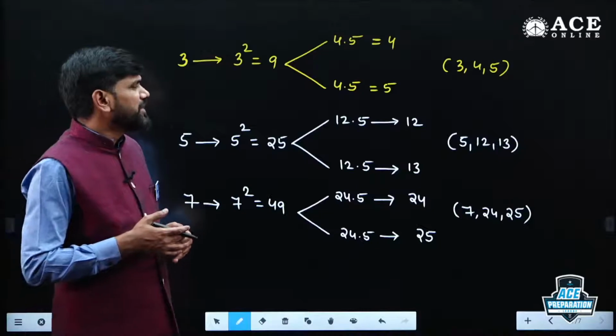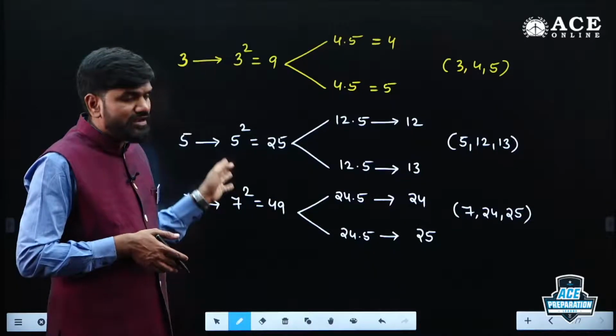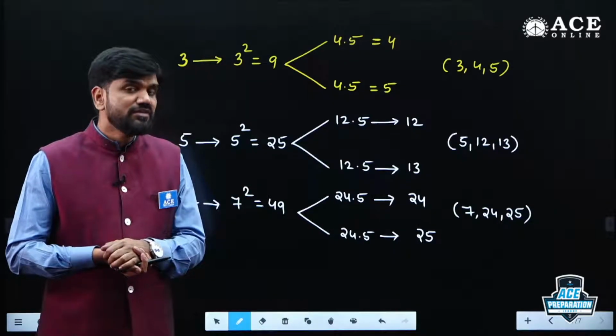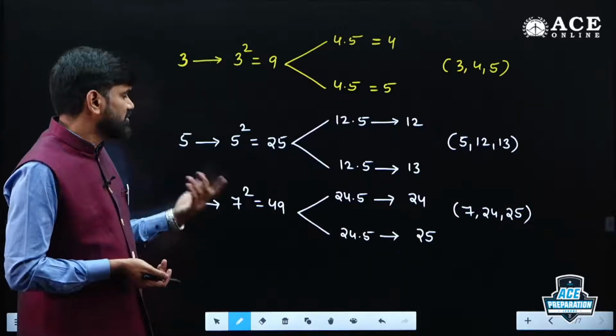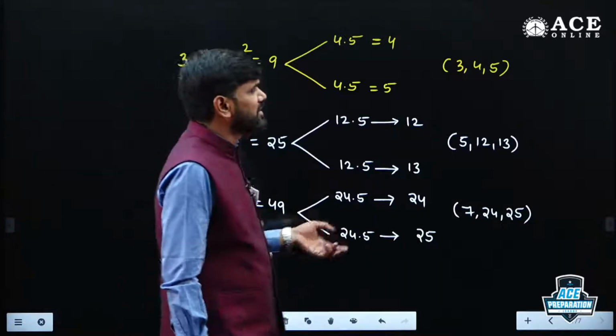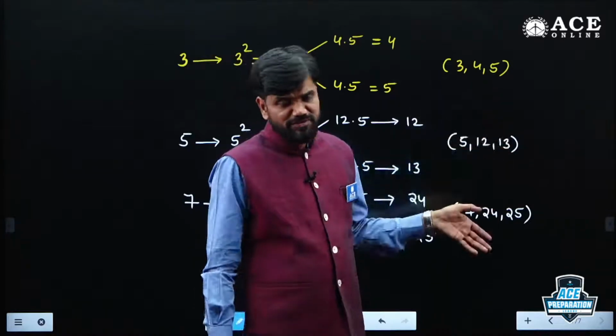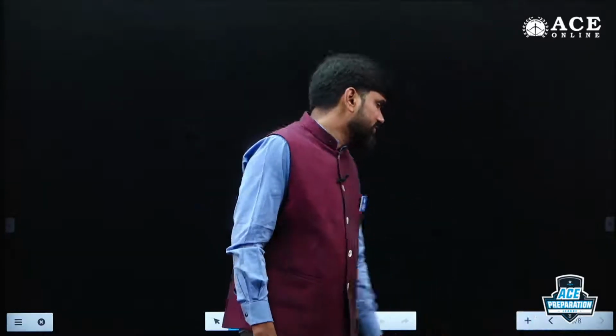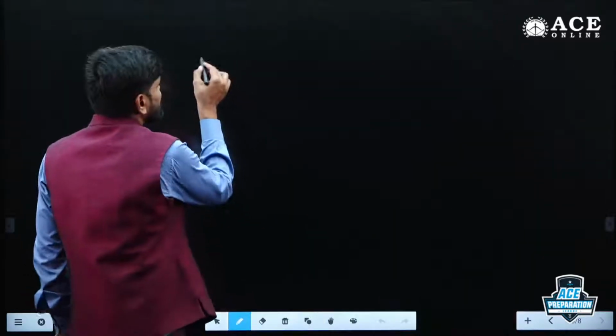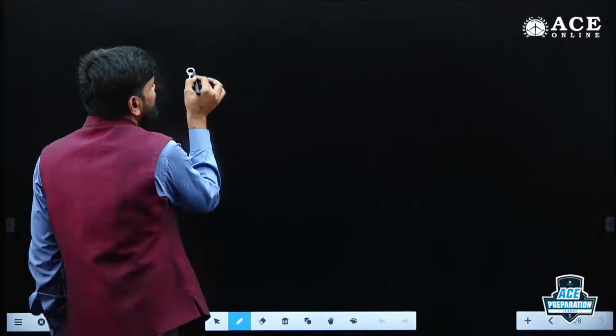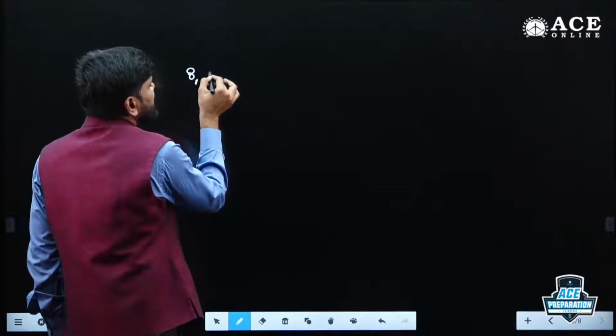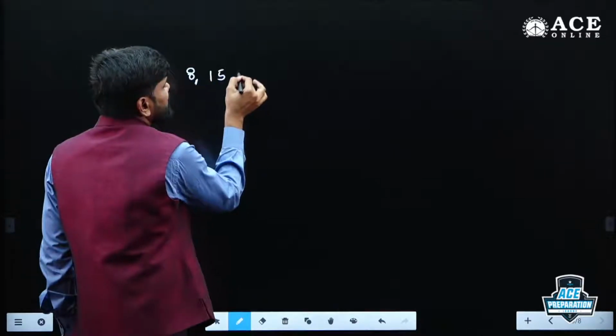So, all the Pythagorean triplets will follow this pattern here, and there is one which is not starting with a prime number. Generally they start with a prime number or multiples of a prime number, but there is one set that you need to remember which does not start with a prime number or any multiple of it, that is 8, 15, 17.